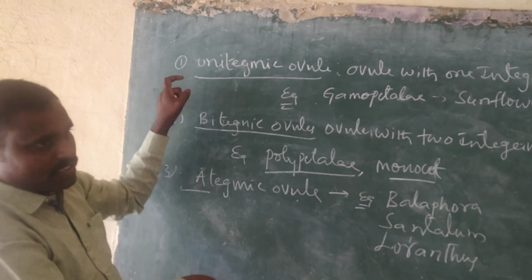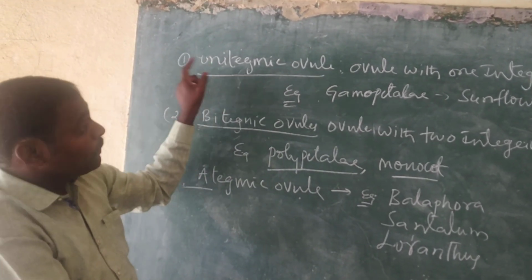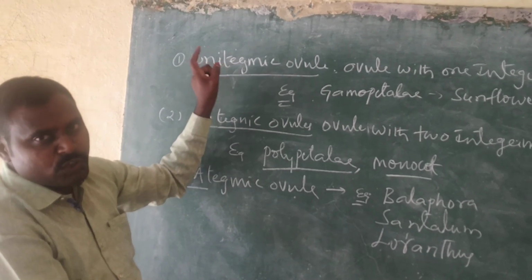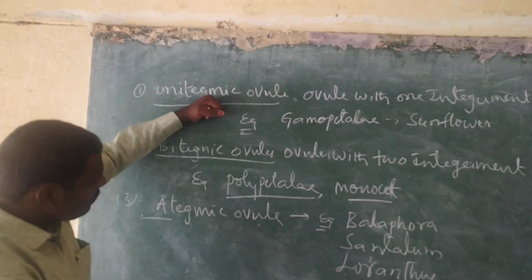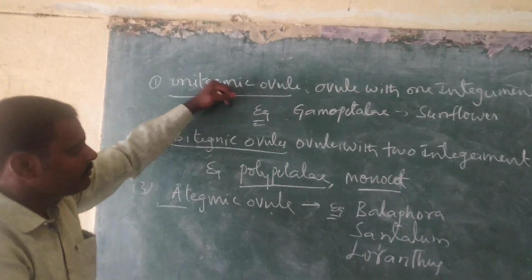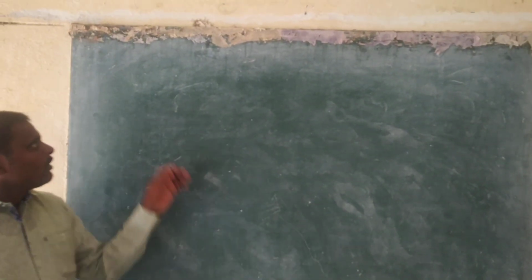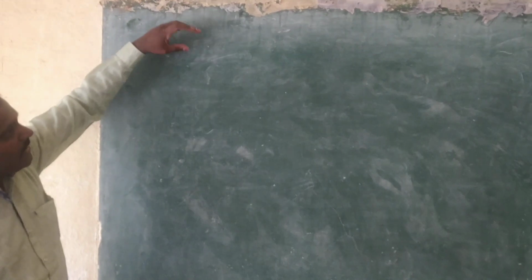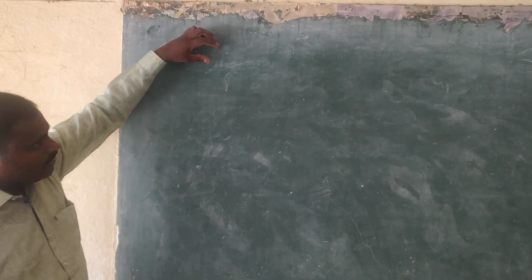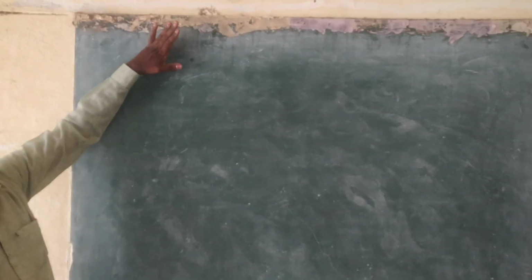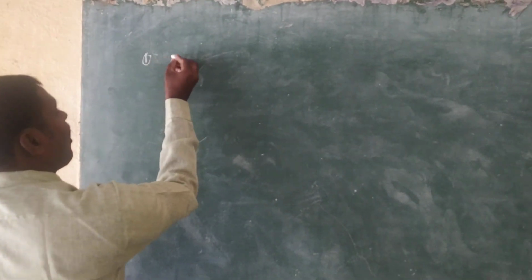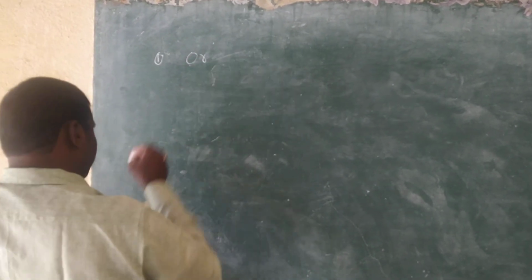Now, based on the position of funiculus in relation to micropyle and chalaza, ovules are of 6 types. The first one is orthotropous ovule.